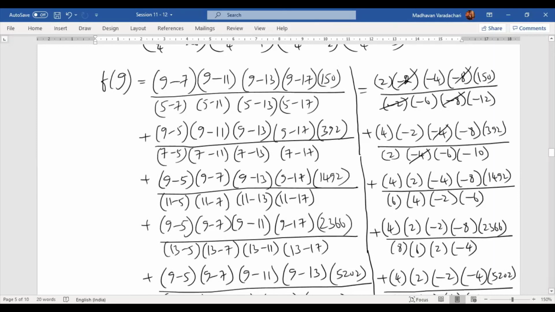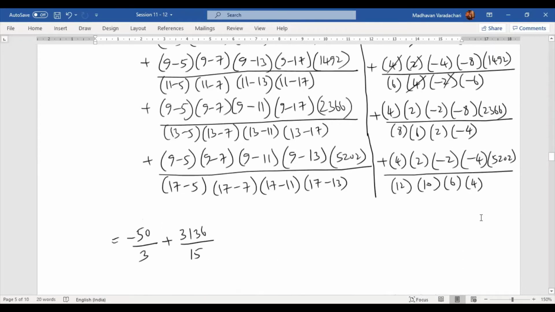Then the next one, we can cancel. It is ultimately positive. I can cancel this and this, this and this. Then if we evaluate this, we get positive 3872 by 3. Then the numerator is positive and the denominator is negative, so ultimately it is negative.